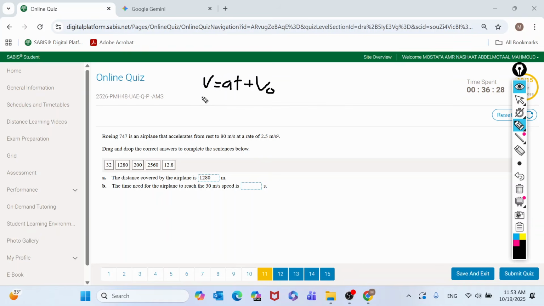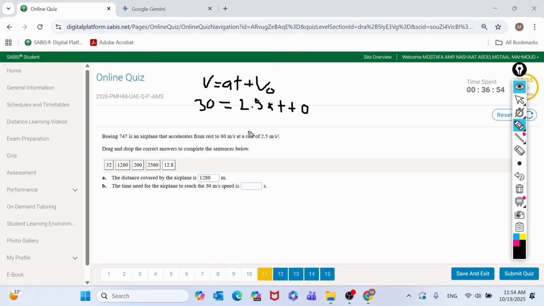We know the final velocity they want, so 30 equals a, which is 2.5, times t, which we don't know, so let's leave the variable as t, plus v0, which is 0.